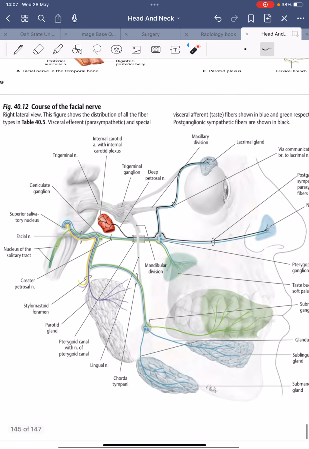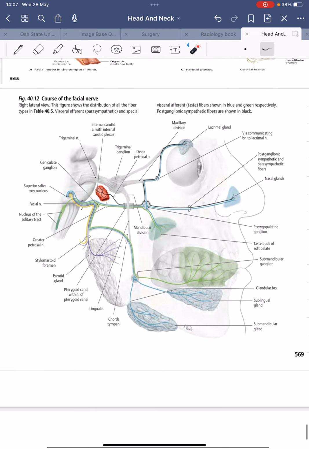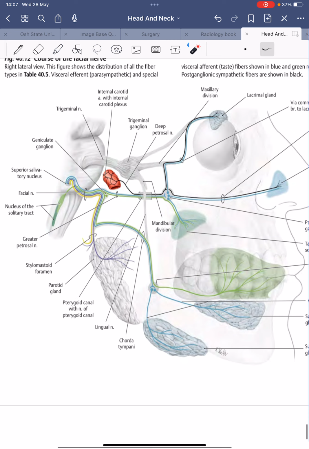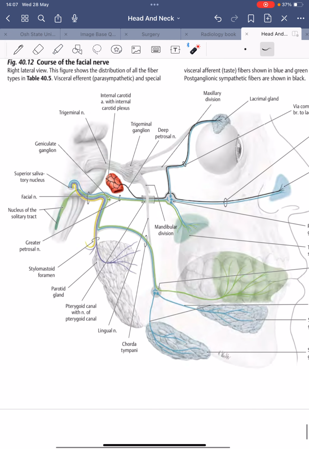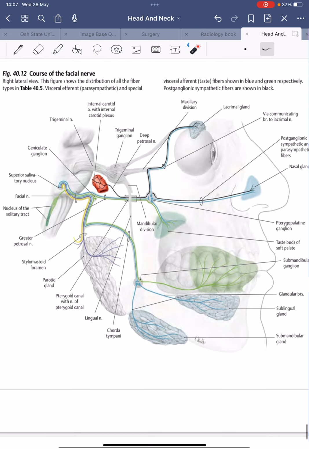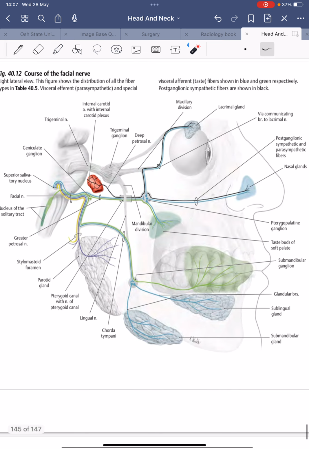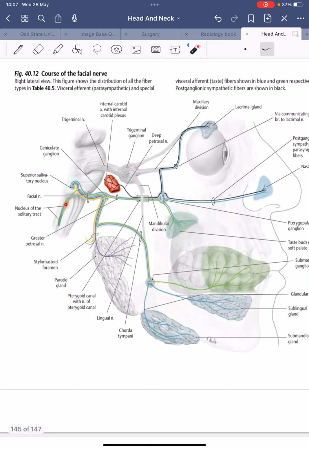Now see this diagram, all students. First of all, we will see this diagram, then we will draw the diagram ourselves. Then it will be very easy for you to understand. This is a very, very important topic, so you must understand it. I explained to you that facial nerve fibers come from the nucleus tractus solitarius, and from the superior salivatory nuclei, and there is one more nucleus, the facial nerve nucleus.